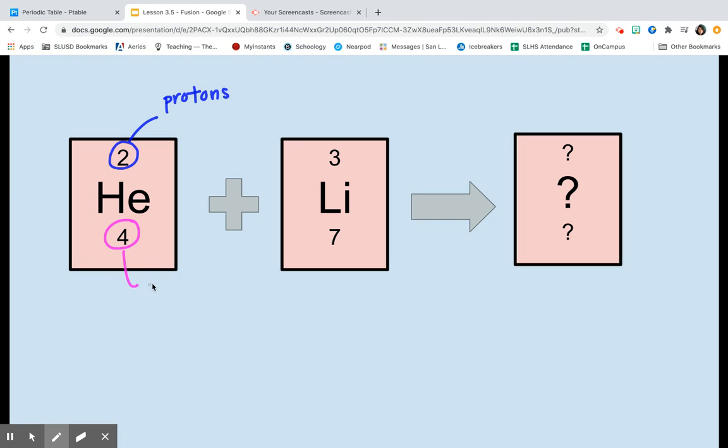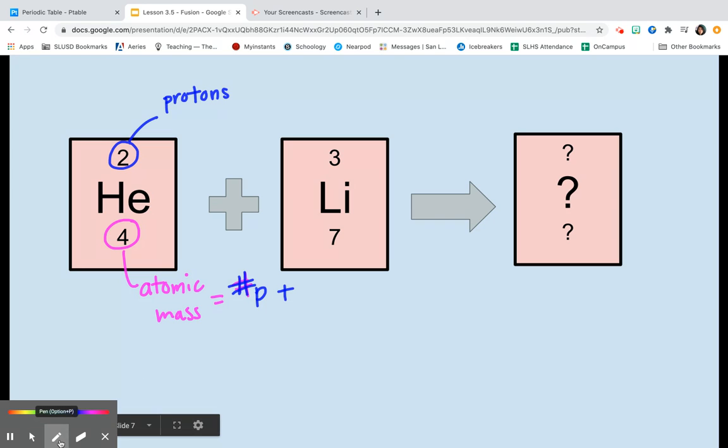So down here, remember that our number on the bottom is the atomic mass, right? And this is the number of protons. I should actually do this in blue. Plus our number of neutrons. Let me pick a different color for neutrons, right?